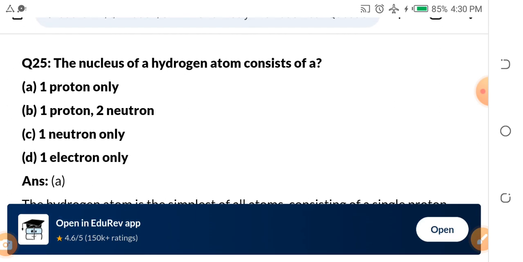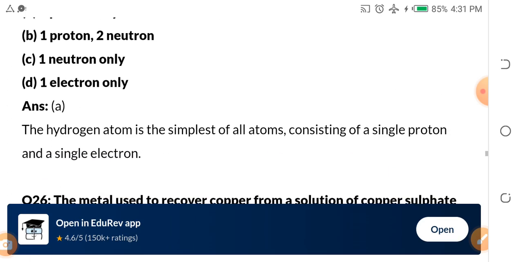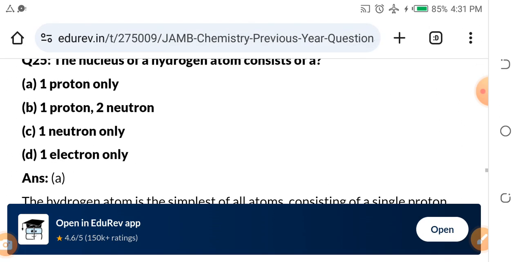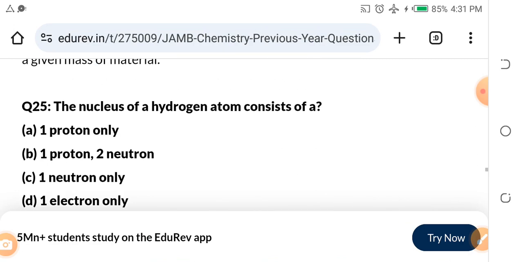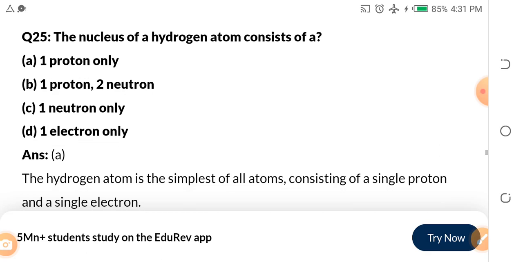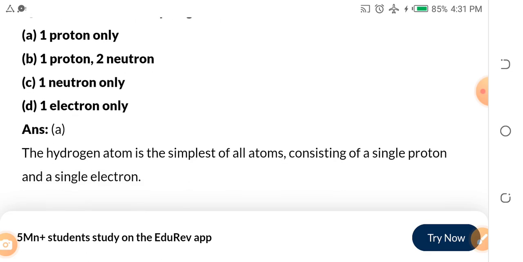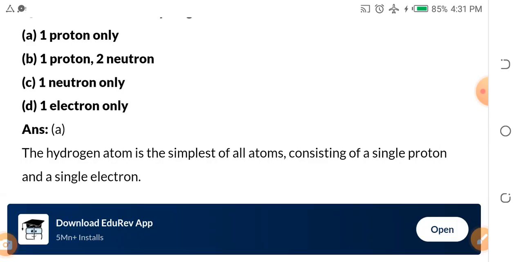It consists of A. The hydrogen atom is the simplest of all atoms, consisting of a single proton and a single electron. Do you understand? So it consists of A, 1 proton only. I hope you understand.